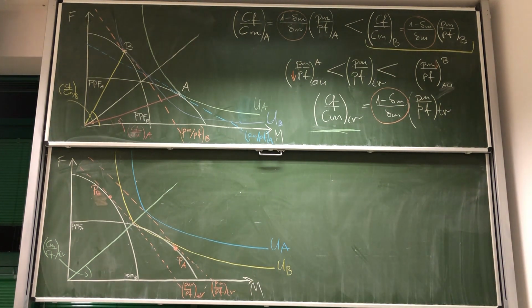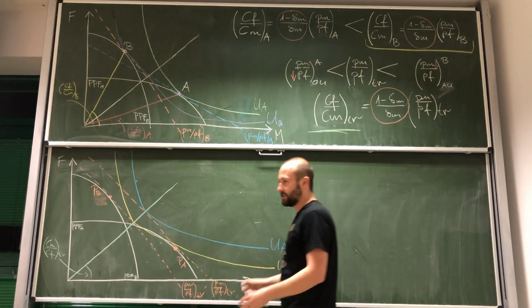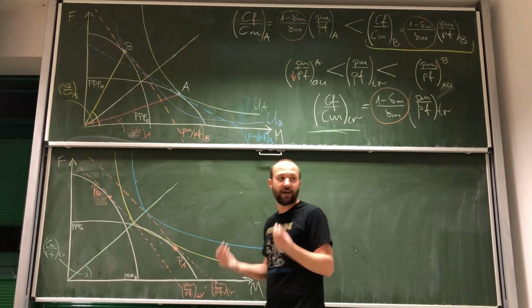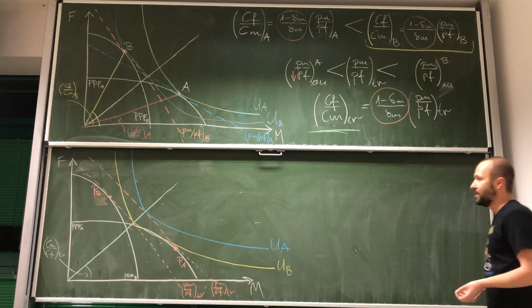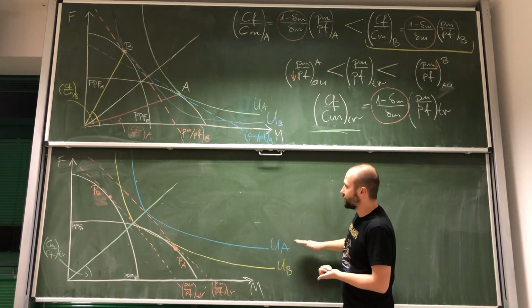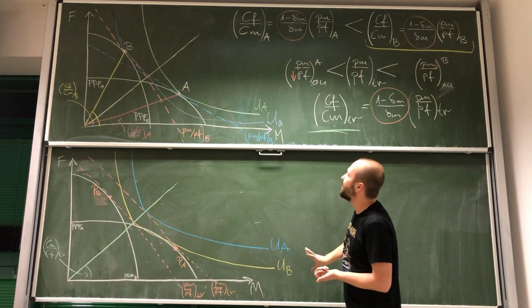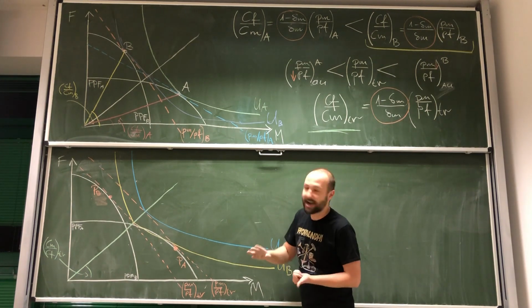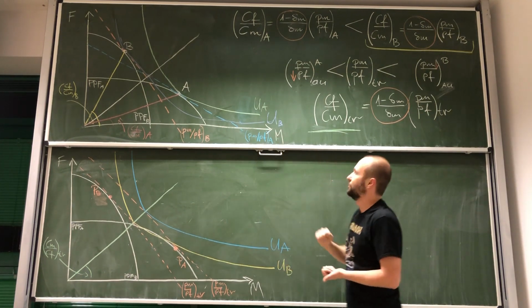Of course, if it's not distorted, but the general idea is if we trade, our customers are better off. So our society is on the higher indifference curve. So we clearly see that those indifference curves represent more happiness for the customers, higher utility than those two.